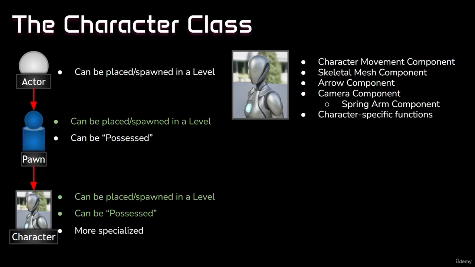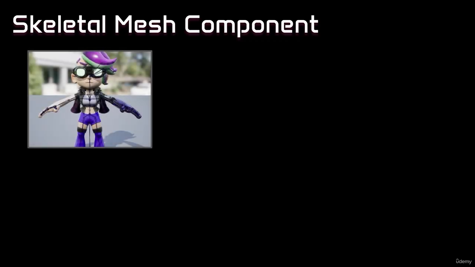Now, we mentioned that characters have a skeletal mesh component, and that this is different than the static mesh component, which is what we've been using thus far. A skeletal mesh component differs from a static mesh component because it has a skeleton. A skeleton is a hierarchy of what we call bones.